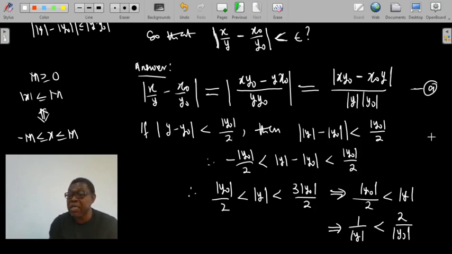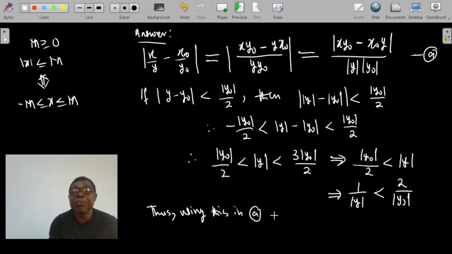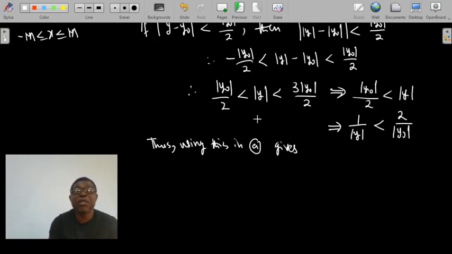Now, using this inequality in A, we obtain from A, thus, using this in A gives absolute value of x over y minus x naught over y naught.